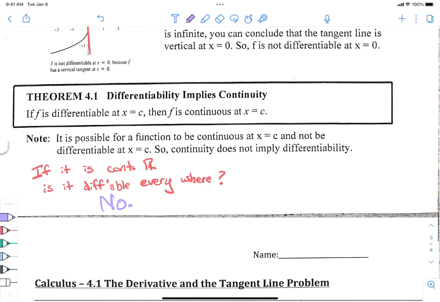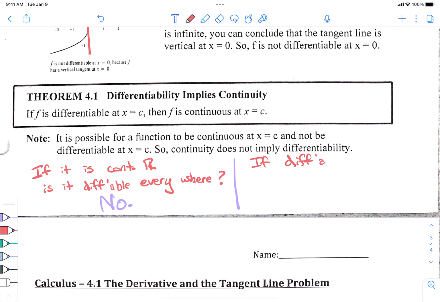Now I'm going to ask the other question. If it's diffable everywhere, meaning you can draw a tangent line anywhere you want to, is it continuous on all reals?